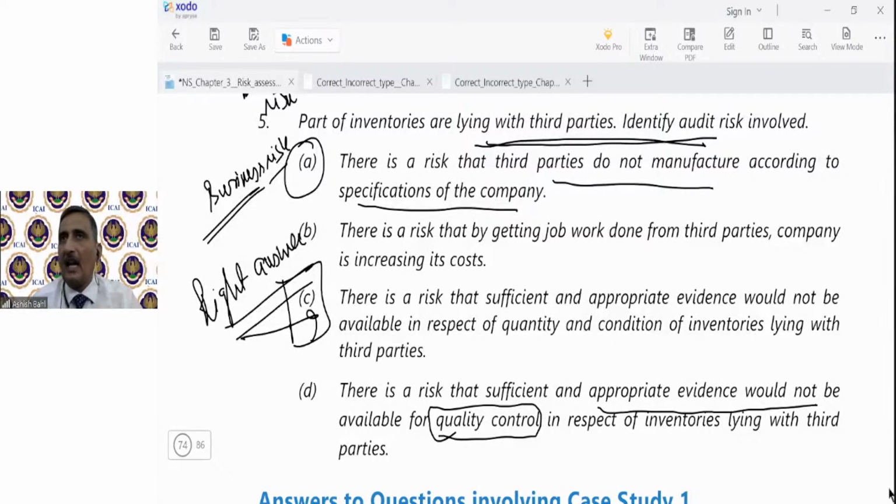So any doubt remaining on chapter 3, students? No, Priyanka, I'll be teaching you chapter 4. So you check the schedule again. I'll be teaching you chapter 4, and Rajiv sir will be joining also.